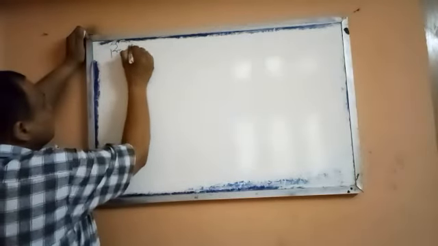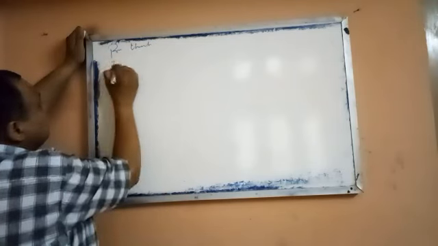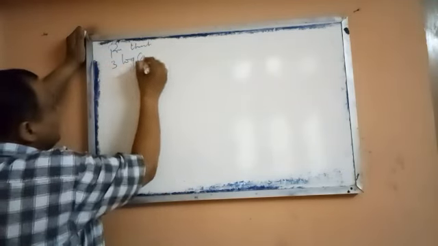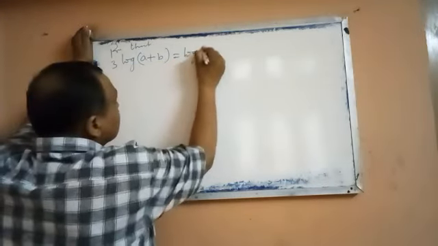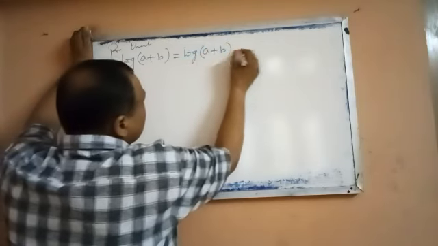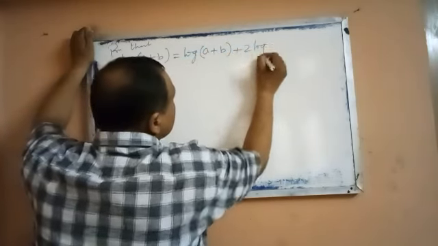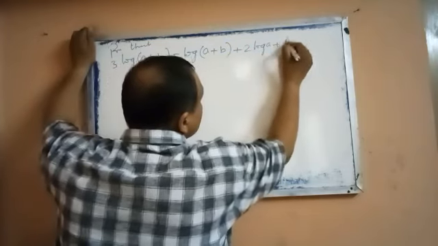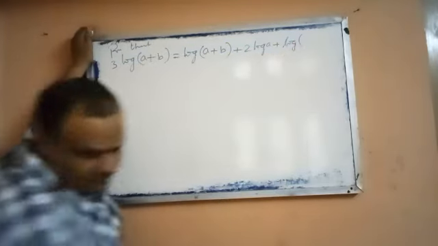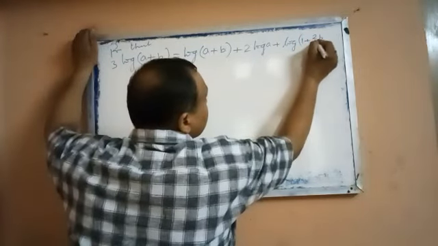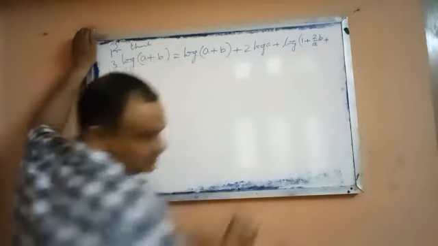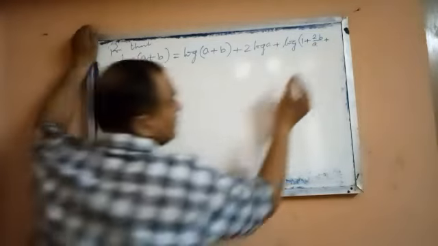You see, prove that 3 log (a plus b) is equal to log (a plus b) plus 2 log a plus log (1 plus 2b by a plus b square by a square).